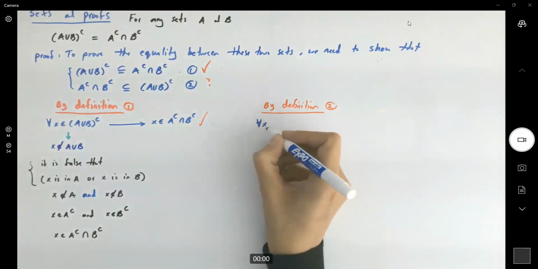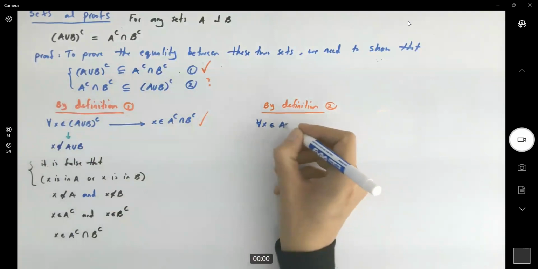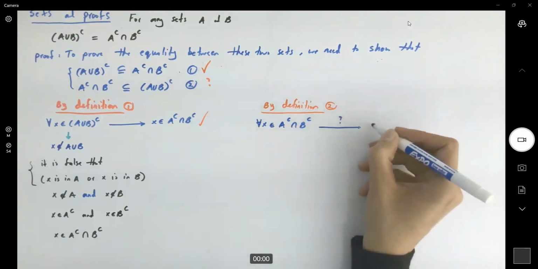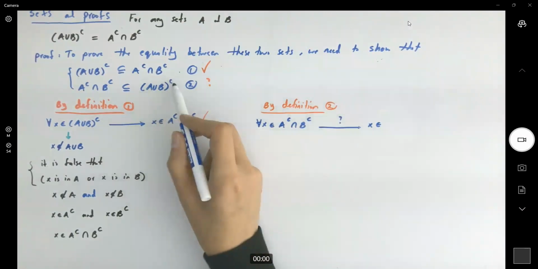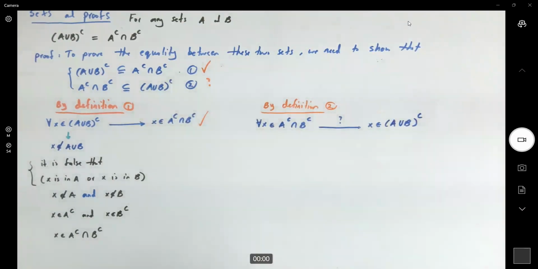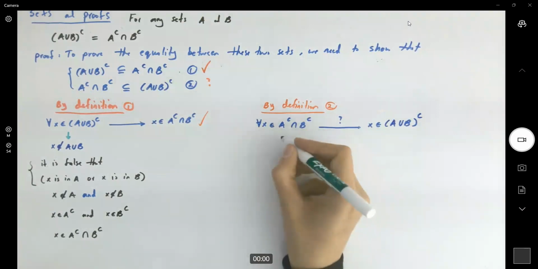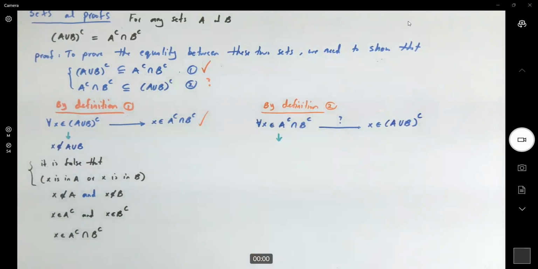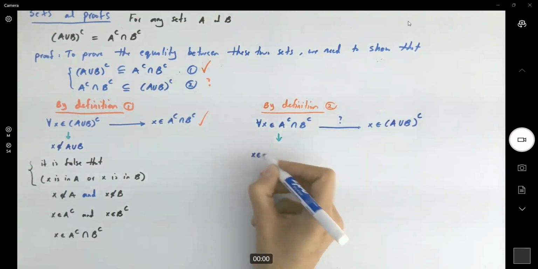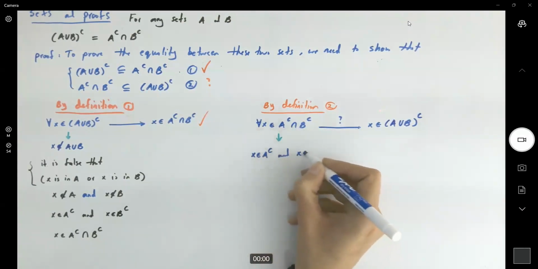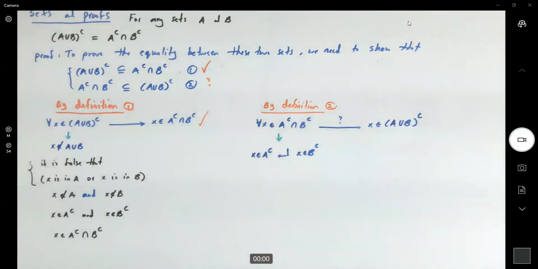So for any X belongs to the intersection of the complements, you want to show that, put a question mark, that X belongs to the complement of the union. Okay, very good. Step by step. What do we have here? It says, hey, X belongs to the intersection of two sets. So X belongs to the complement of set A and X belongs to the complement of set B.